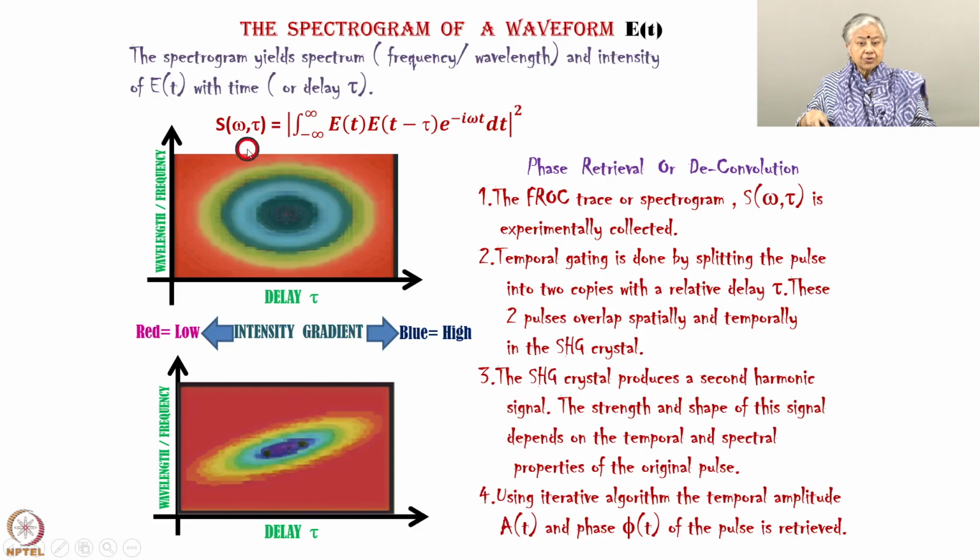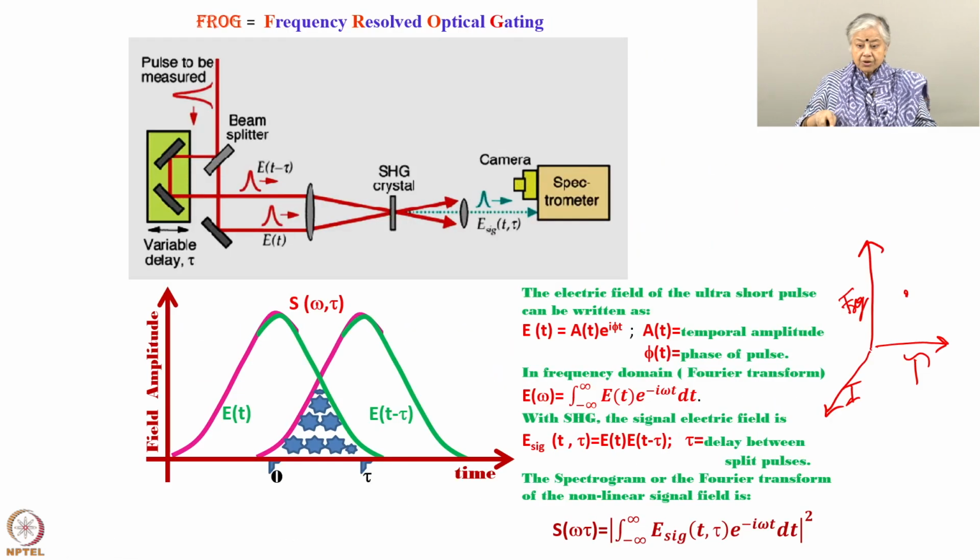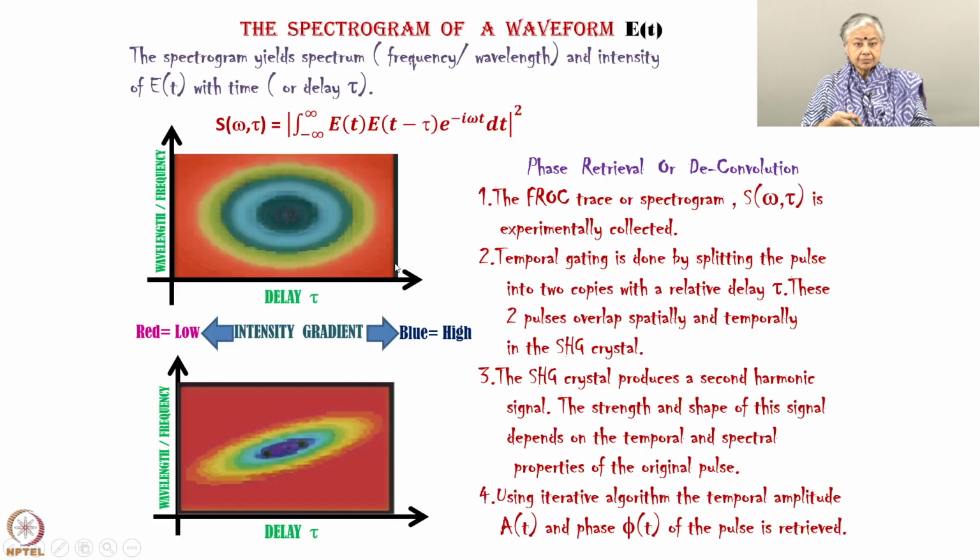Okay. Now, the spectrogram here I have written again: E(t) minus tau, e to the power i omega t. That is because here I have just replaced E signal(t, tau) with this. So, my spectrogram consists of E(t minus tau) and e to the power i omega t dt.